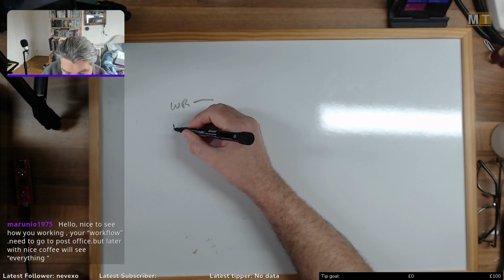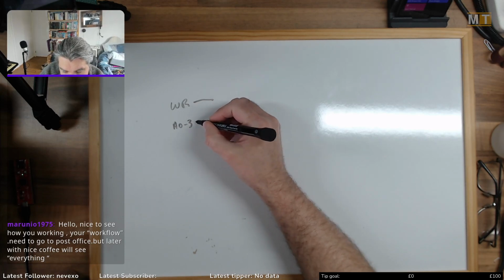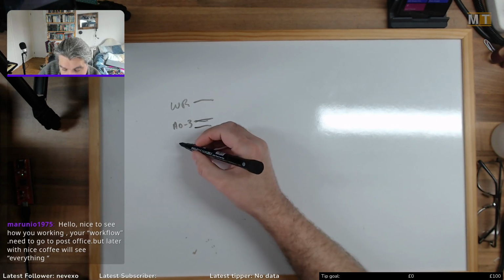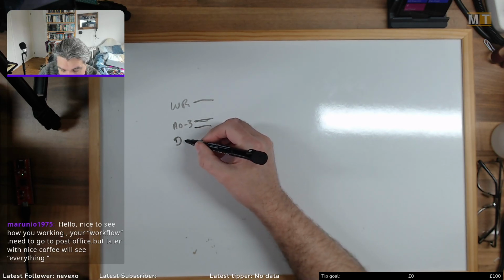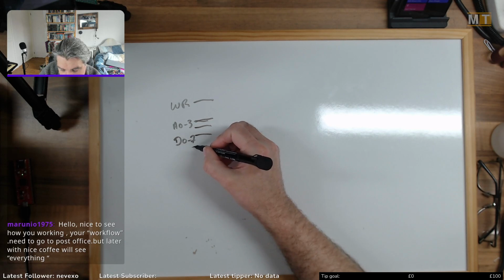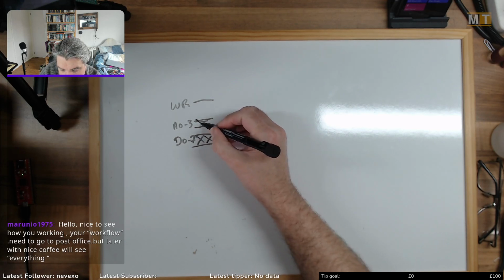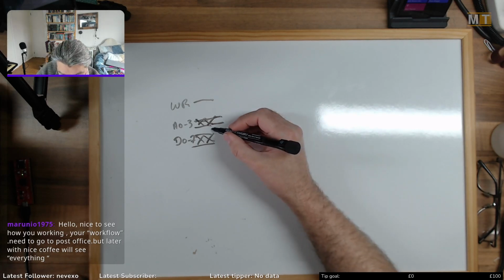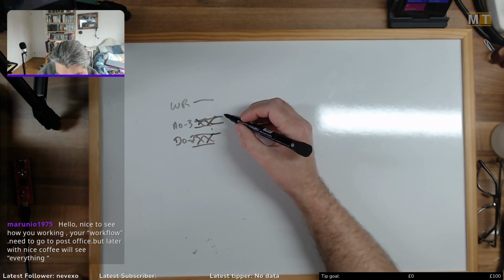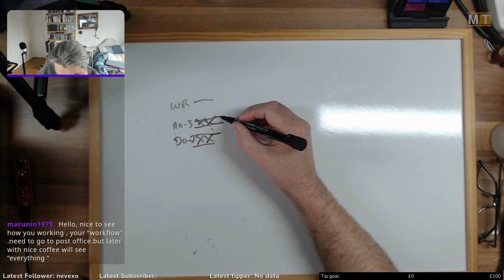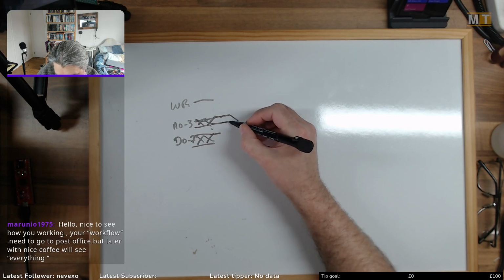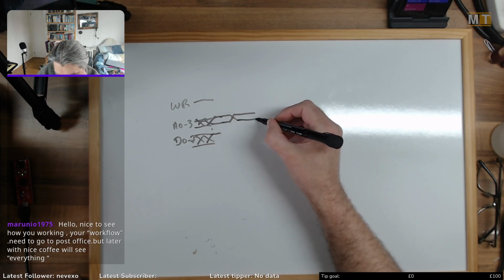You've got the A0 to 3 and you've got the D0 to 7. What you normally have is the address would be set first, so the address has its value changed.